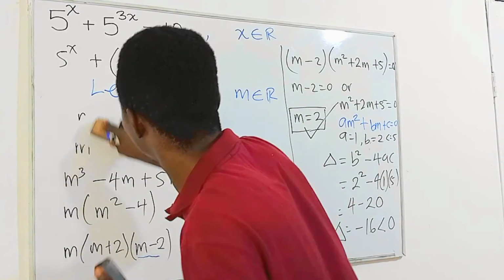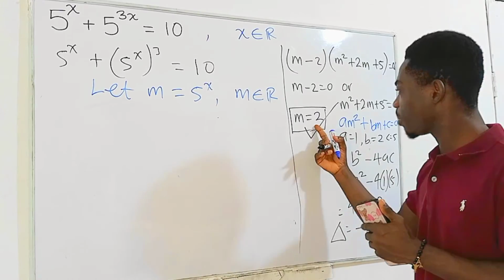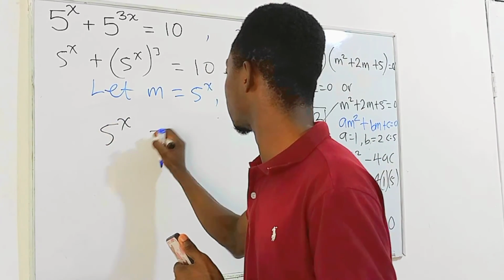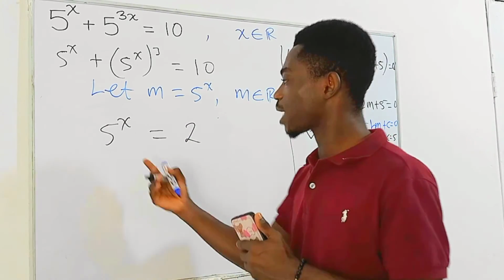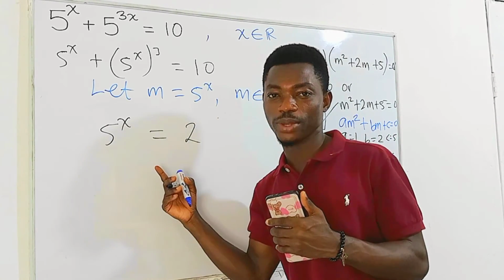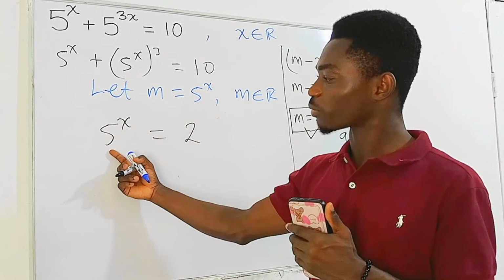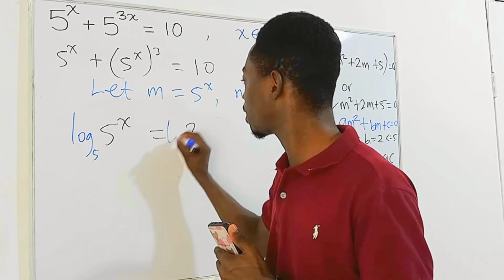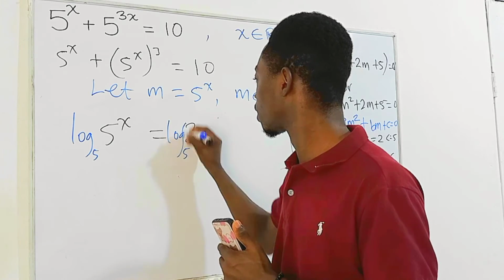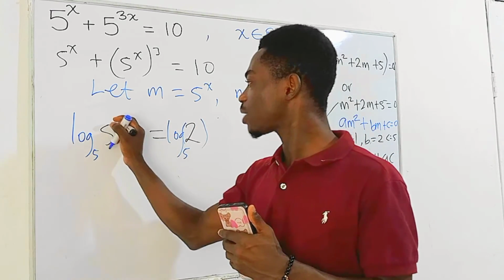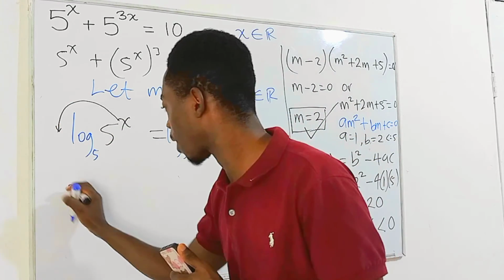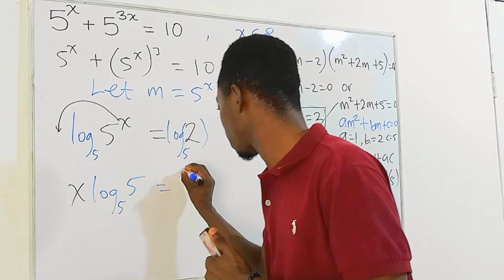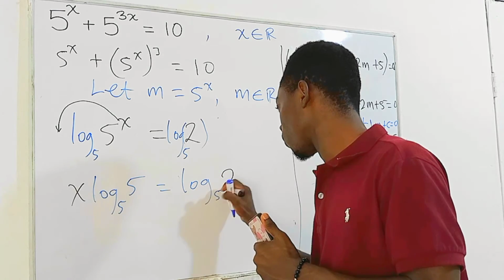That is really, really important. So now we know that m is equal to 2. So therefore, we are going to have 5 to the power x is equal to 2. And this time we have this nice exponential equation. Now, because the base is 5 right here, I'll also introduce log in base 5 on each side of the equation so that I can just move this to the front and we are going to have x log base 5 of 5, and this is equal to log base 5 of 2.